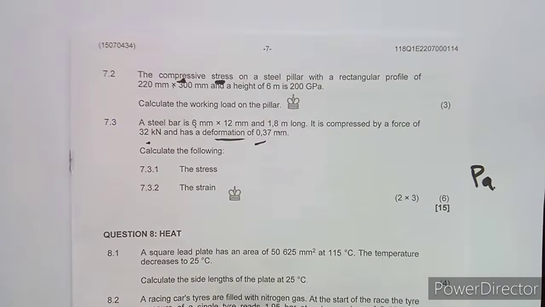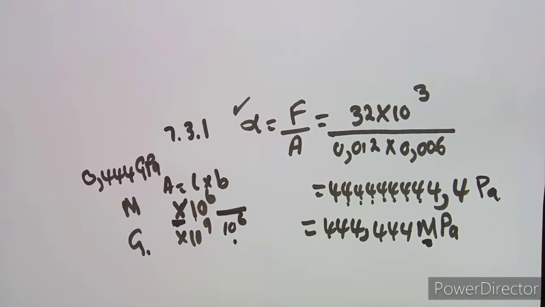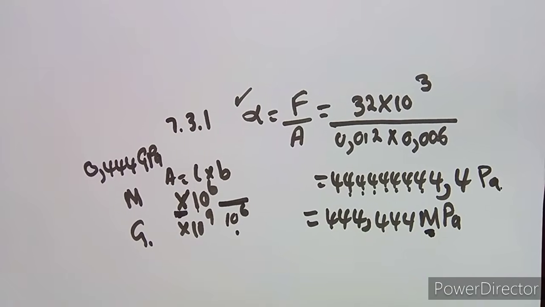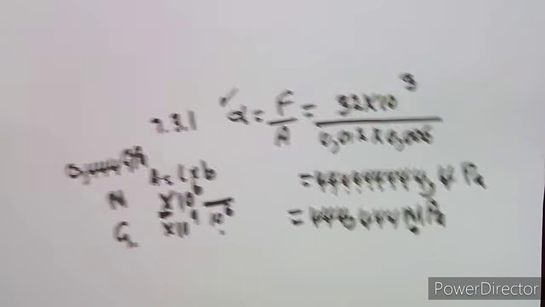Then the strain. So strain, where can we obtain our strain from this information, guys? It's a matter of playing around with the information that we had, and this is where I listed the information.